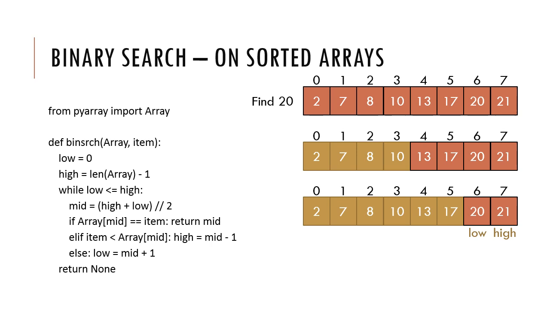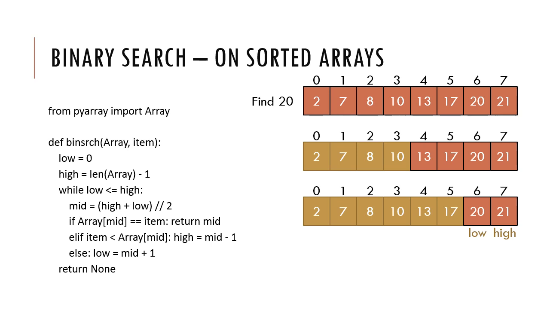What happened this time? We realized that 20 is greater than 17. So 20 must be on the right of 17. So now we have restricted our focus to the elements on the right of 17. Again we see that low is less than or equal to high.